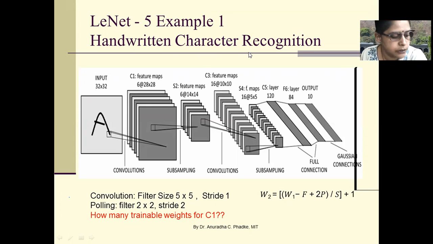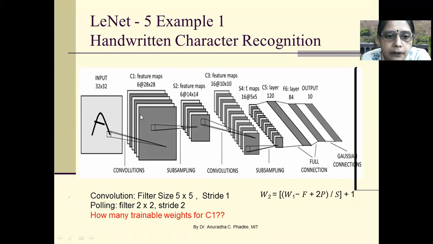So it is used for application of handwritten character recognition. So as shown here, for this network, input image is used of size 32 by 32 and it is a gray image. So depth is 1. Okay, so depth of the input data is 1 and width and height are same, which is 32.